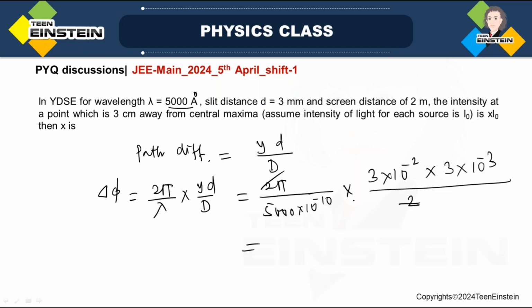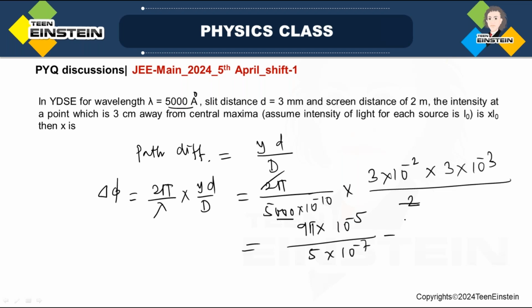Yeah, so I can do that. See, here there are 3 zeros. I can get here 9 pi into 10 to the power minus 5. So what I get from here is 5 into 10 to the power minus 7.